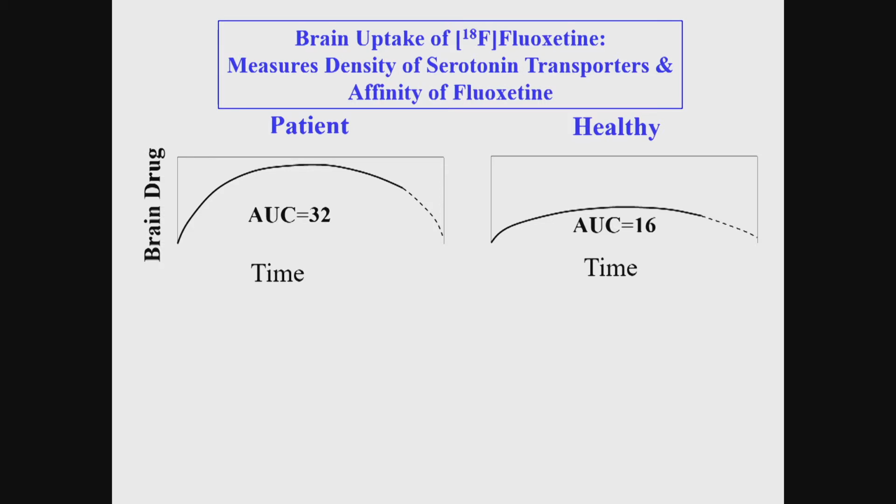So as many of you know, Prozac is a widely used, now off patent, SSRI, selective serotonin reuptake inhibitor. Prozac, the generic name is fluoxetine, blocks the serotonin transporter. Just like cocaine blocks the dopamine transporter, fluoxetine blocks the serotonin transporter. And it's an effective antidepressant.